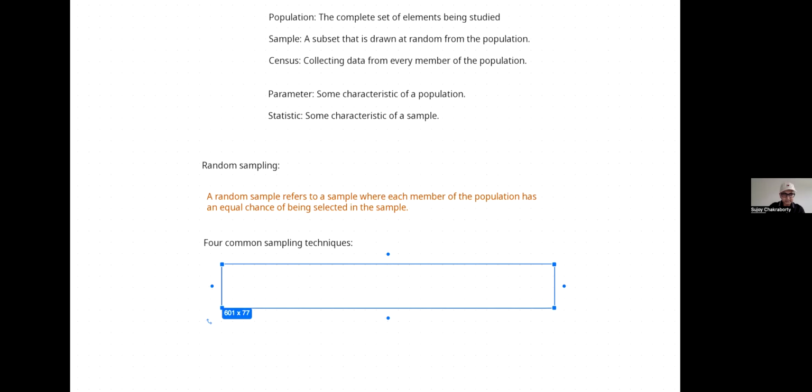Systematic sampling. Okay. And so what is systematic sampling?